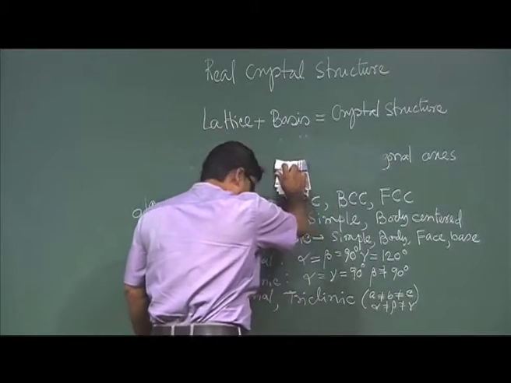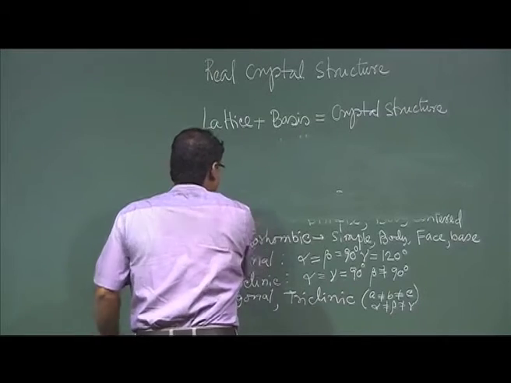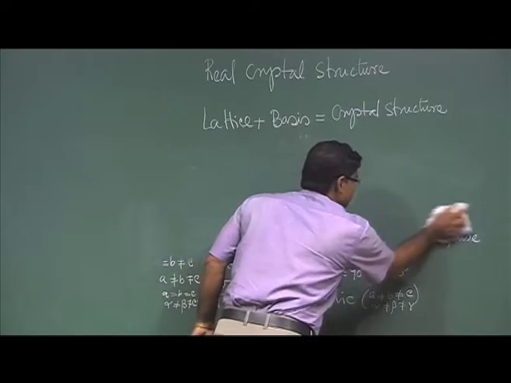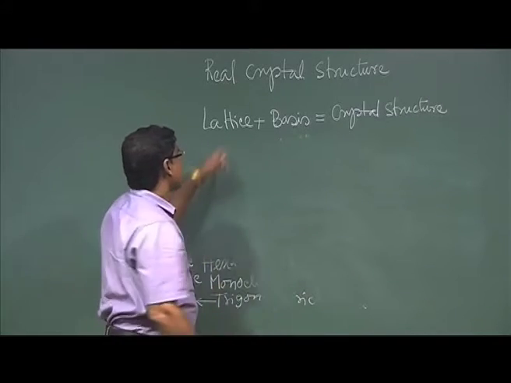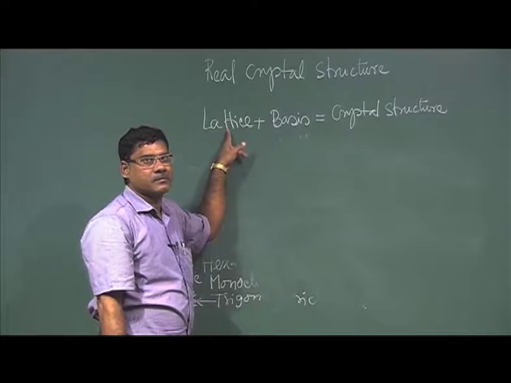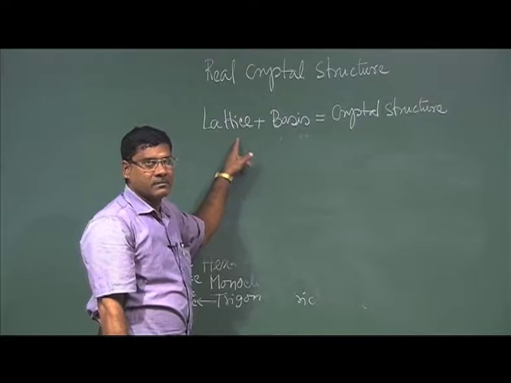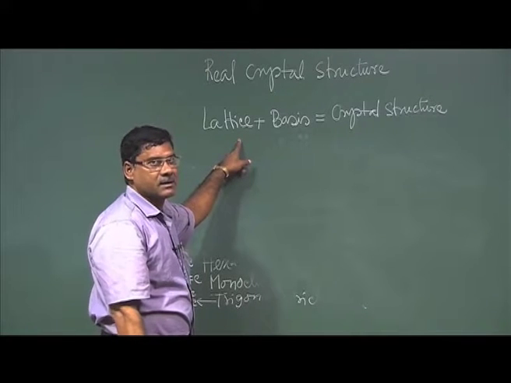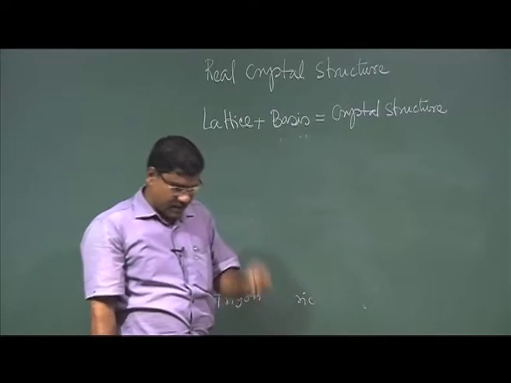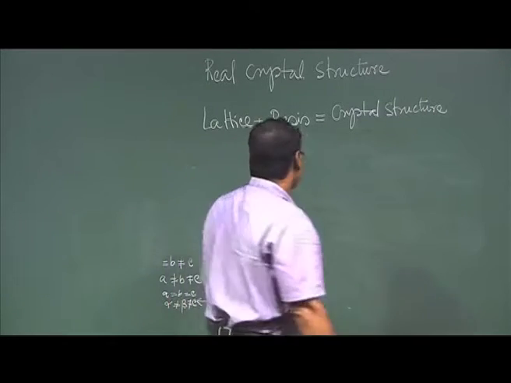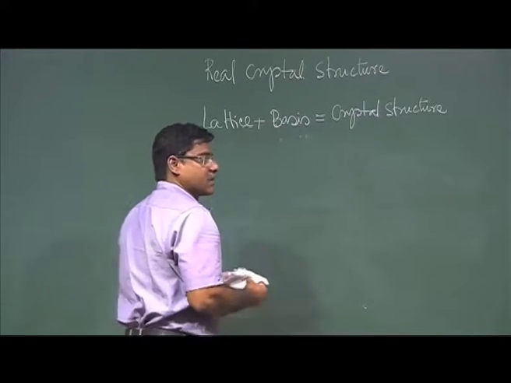As we have discussed, a material will have a crystal structure taking one of the Bravais lattices out of 14, one type of lattice, and then adding a basis in that material, one can find out the real crystal structure of that material.